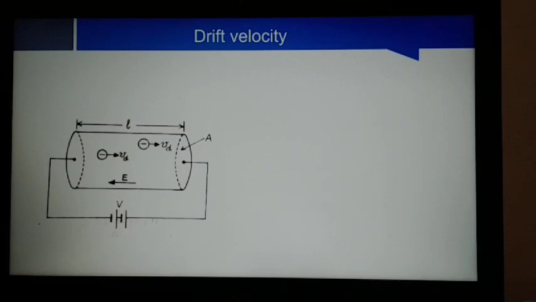That is known as free electron density, the number of free electrons per unit volume.